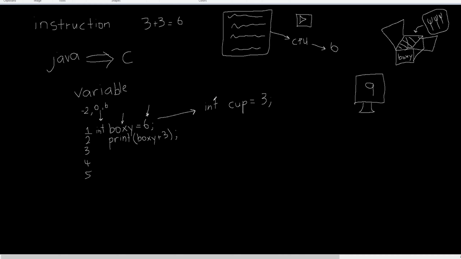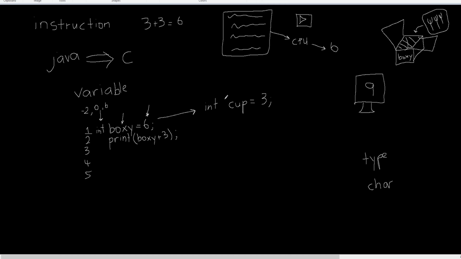So, okay, we've got our variable. So what are some other types that we can have? Well, other types that we can have are, for instance, a character. And a character is basically something you see on the keyboard.